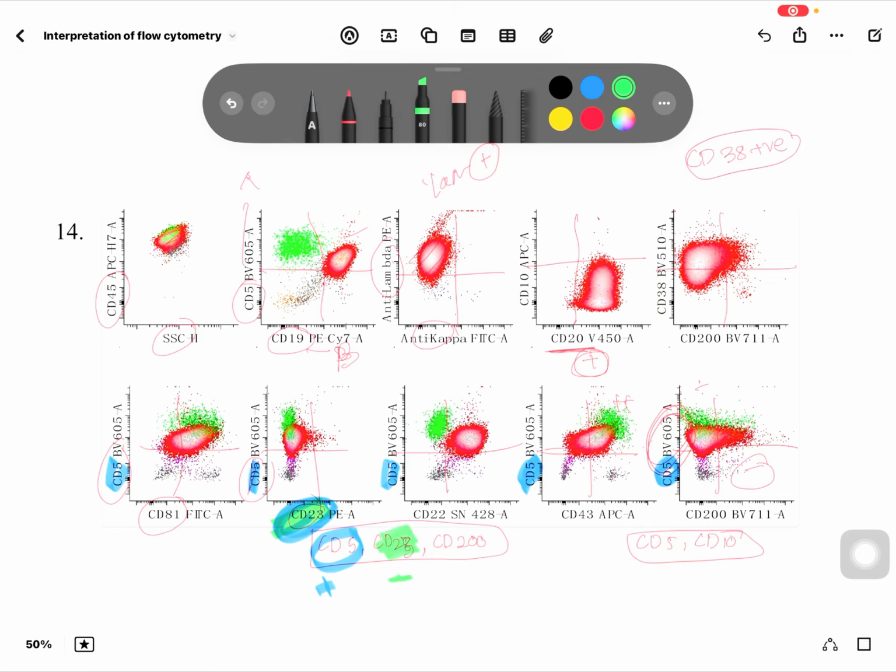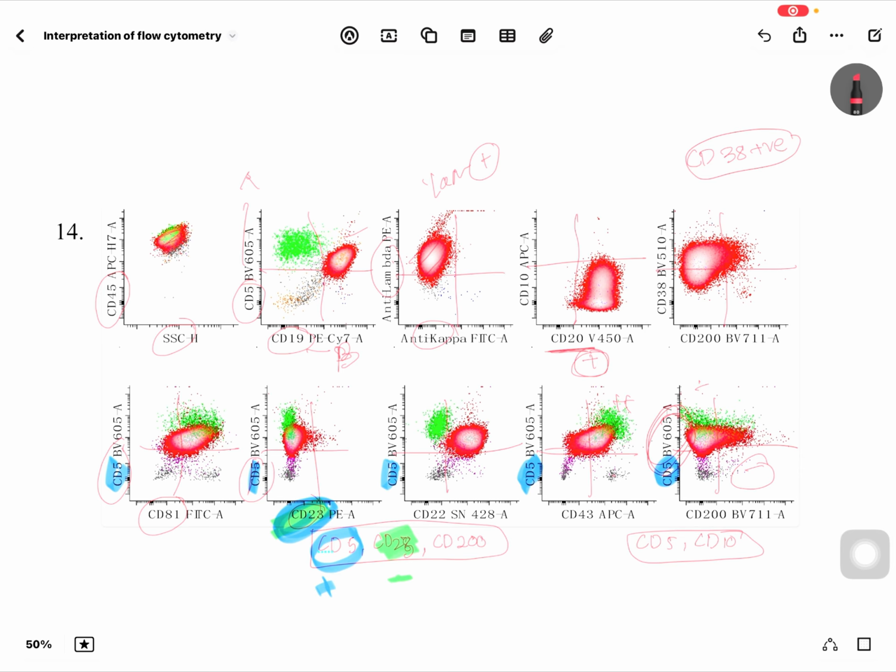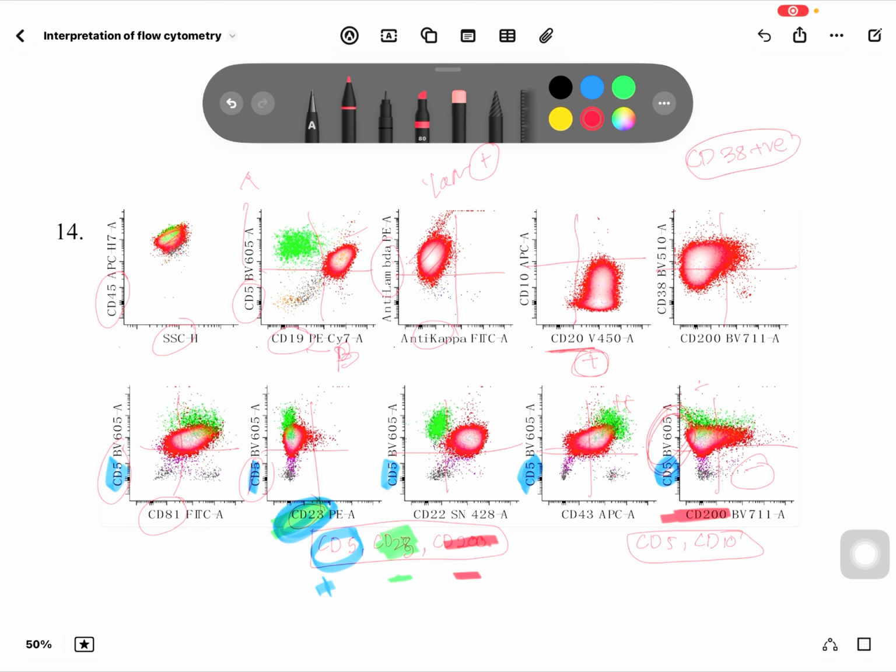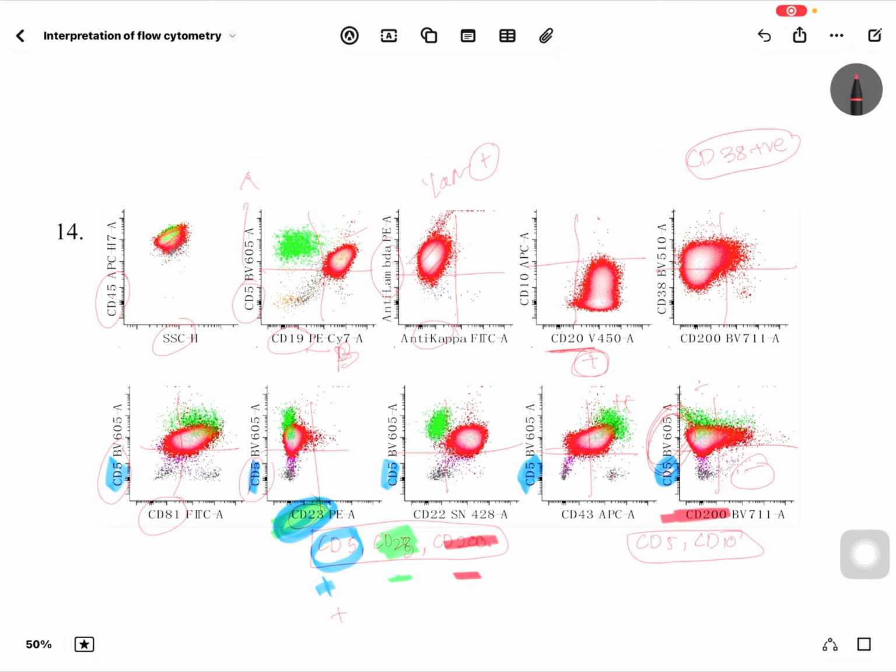Then you check for CD200. Yes, it is here. It is negative. So what is the answer? CD5 positive, CD23 negative, CD200 negative. This is a prime example of mantle cell lymphoma.